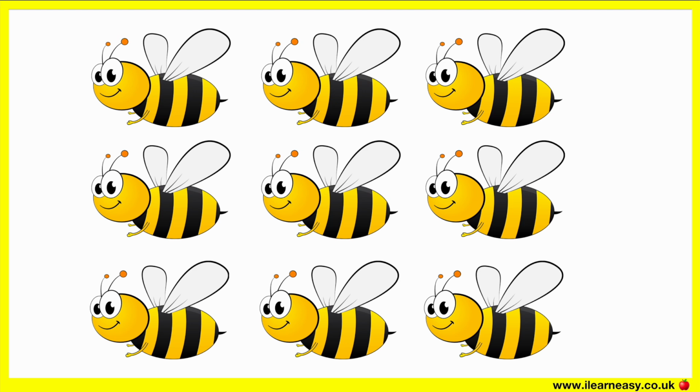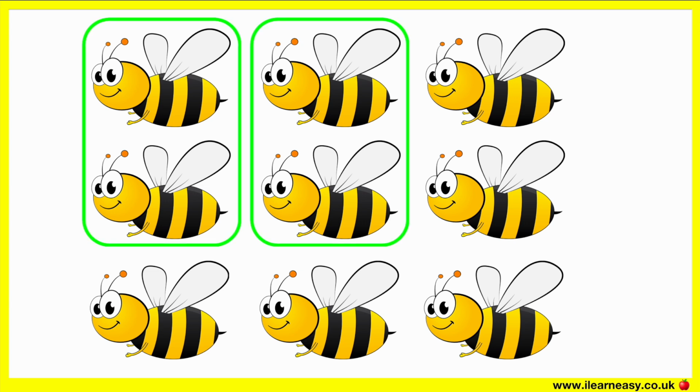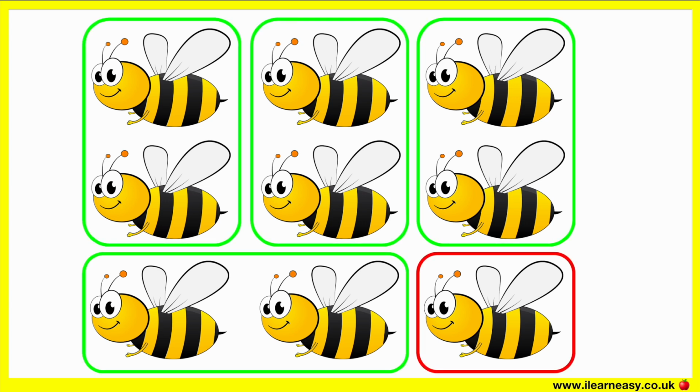Here are 9 bees. Does each bee have a friend? The answer is no. 1 bee doesn't have a friend. Therefore, the number 9 is an odd number.